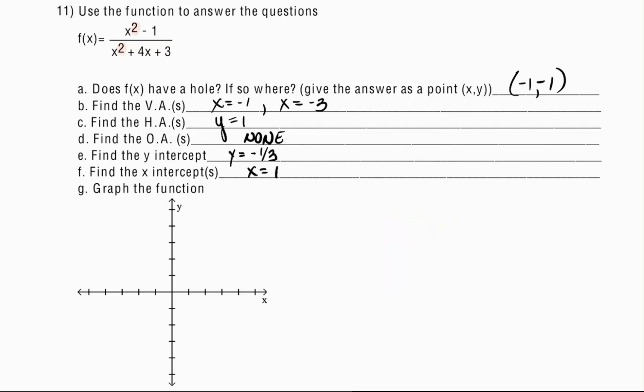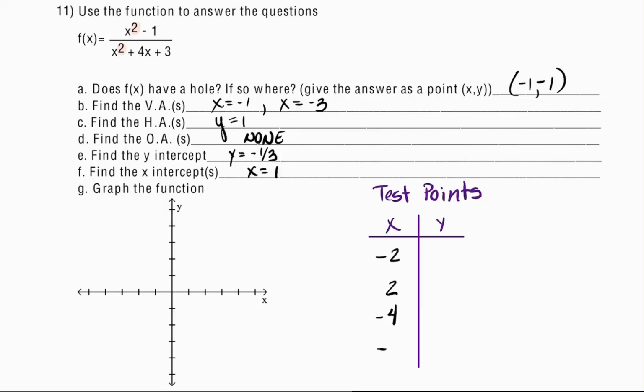Now let's find the test points to graph our function. Our x values will be -2, 2, -4, and -5. Now we're going to substitute our x values into f of x equals x minus 1 over x plus 3 to find the y values.